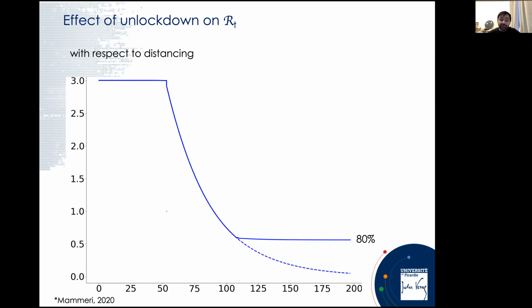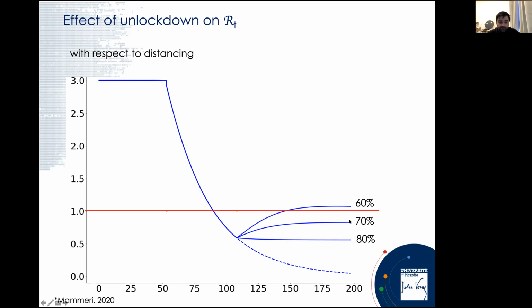Then we look at it with respect to distancing. If most individuals respect the distancing, to 80%, you stay way below 1, no problem. If fewer and fewer people respect the distancing, you come greater than 1.